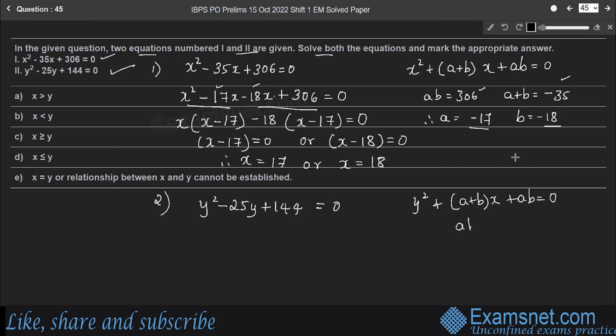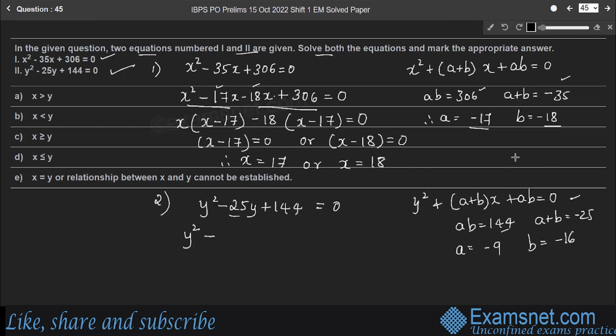Here ab is 144, a plus b is minus 25, the coefficient of the middle term, right? Now split the middle term to find the value of y. So what's the value of a? Minus 9, b is equal to minus 16, so that their product is 144 and their sum is minus 25.